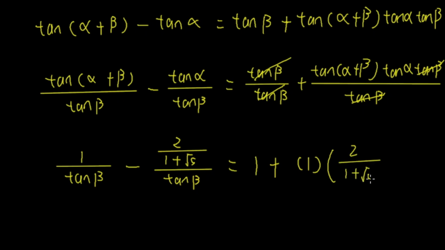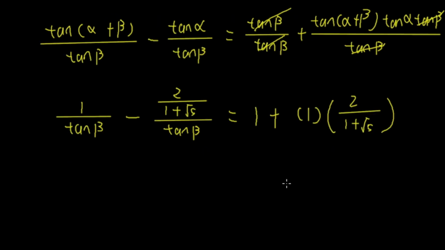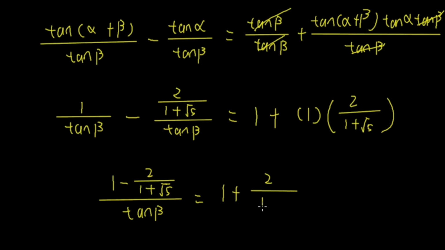Since on the left side they all have a common denominator, we can group this together. So that is equal to 1 minus 2 over 1 plus square root of 5, all divided by tan beta. On the right side is equal to 1 plus 2 over 1 plus square root of 5.